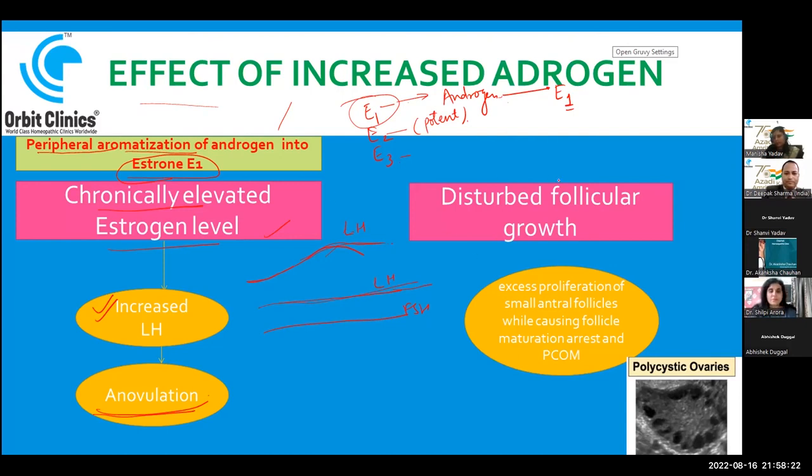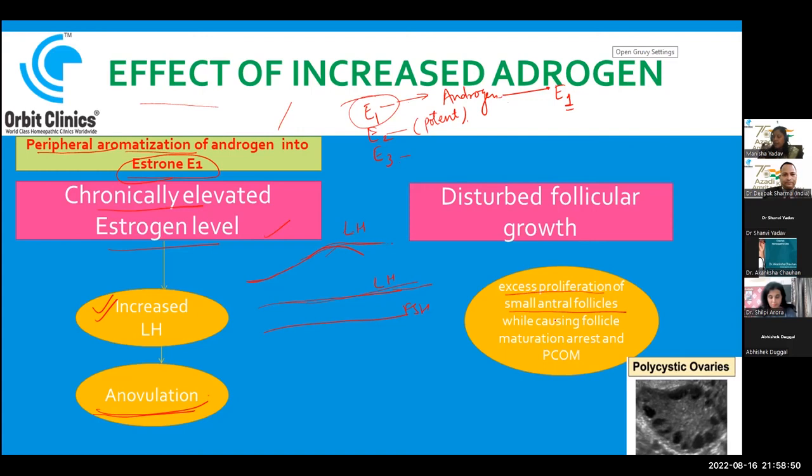The next effect is that this increased androgen in the body will cause excess proliferation of small antral follicles. A small antral follicle is like the primordial follicles which start developing or growing. These small antral follicles will get more and more proliferated because of this excess androgen.